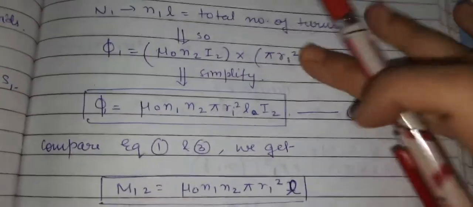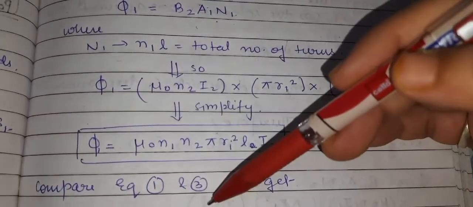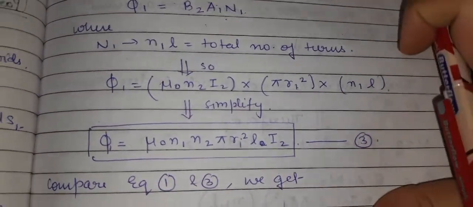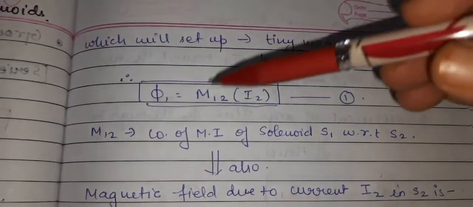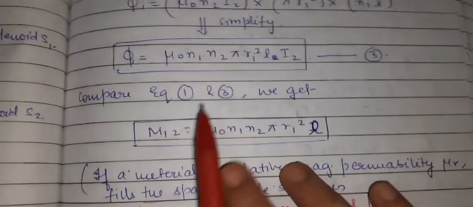After comparing equation number 1 and equation number 3, means one formula we got for flux phi1 like this, and the first formula we got using the mutual inductance concept was like this, what are we getting?